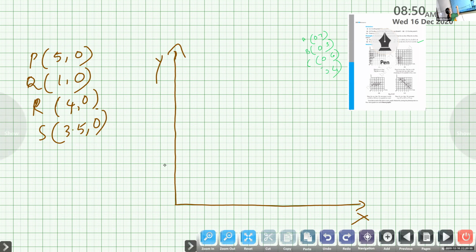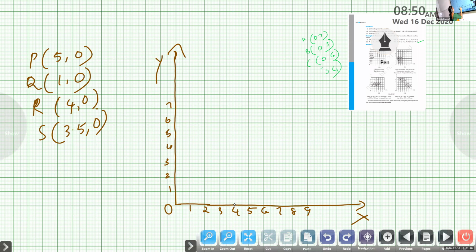Okay, first point is 5, 0: x-axis 5, y-axis 0. So this is P. Q is 1, 0, this is Q.